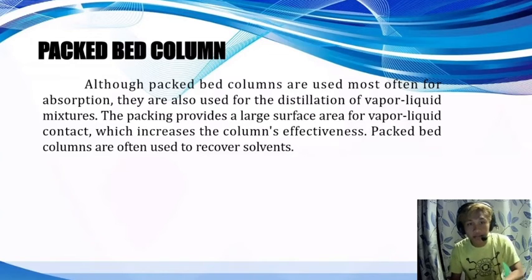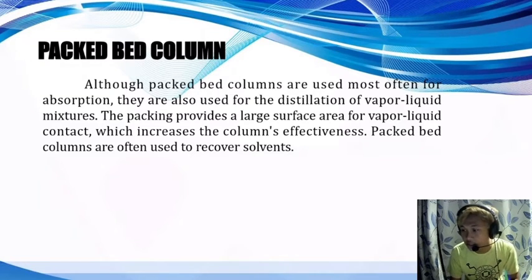Packed bed columns are used most often for absorption. They're also used for distillation of vapor liquid mixtures. The packing provides a large surface area for vapor liquid contact, which increases the column's effectiveness. Packed bed columns are often used to recover solvent.